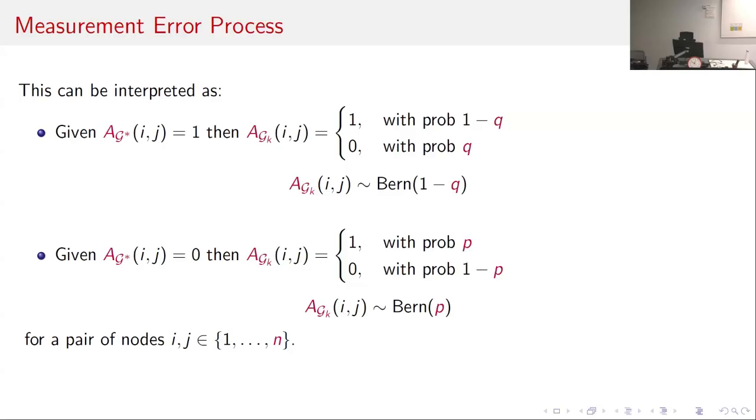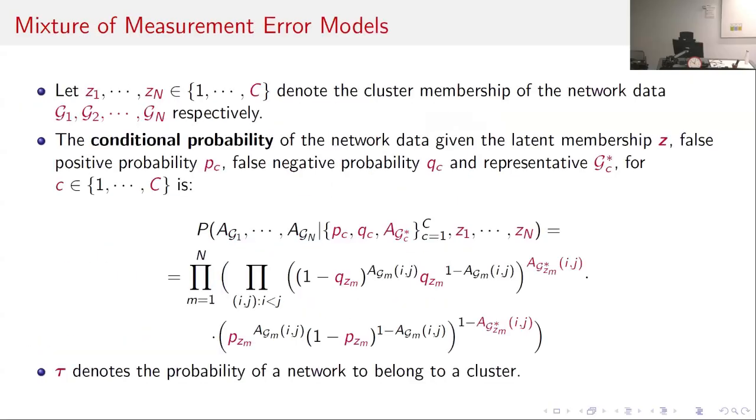And respectively, given that there is no edge between nodes I and J, the corresponding entry of the K-th network observation in the adjacency matrix is Bernoulli distributed with the false positive probability P. So this is the construction of the measurement error process.